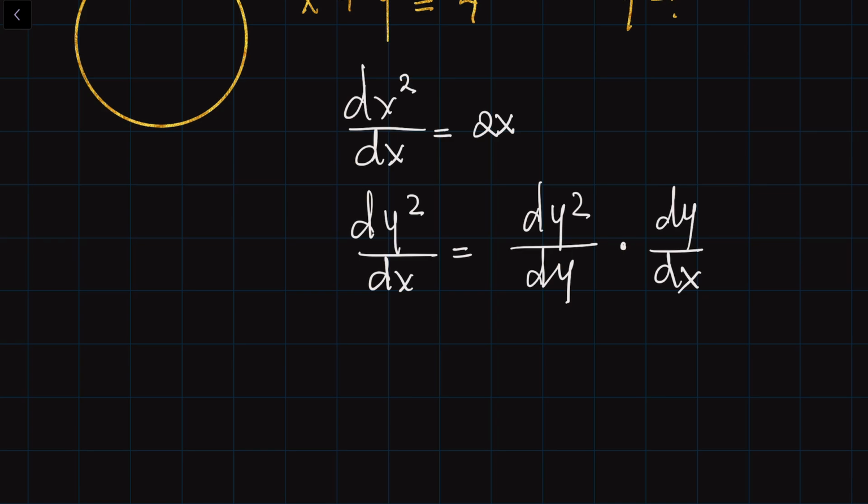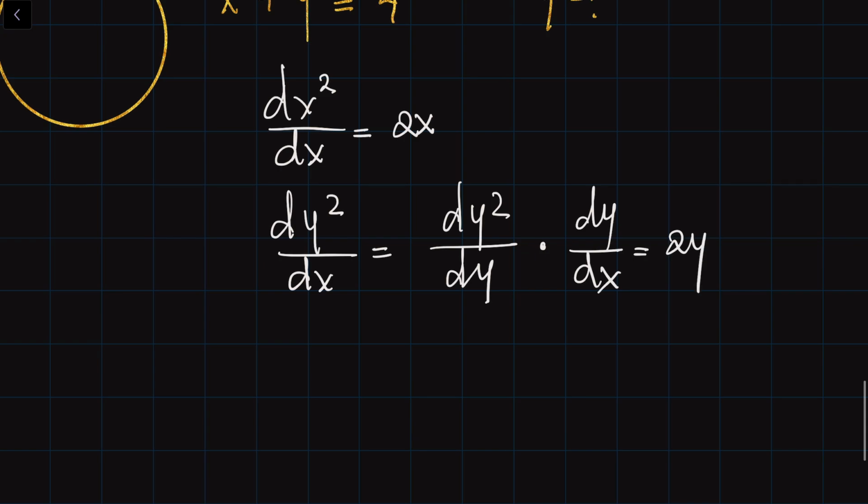So what is d of y squared over dy? 2y, right? It is simply the derivative of y squared with respect to y, okay? But I have to additionally multiply by y prime because the definition of y prime is dy over dx. y prime is the derivative of y with respect to x, right? So this is dy over dx.